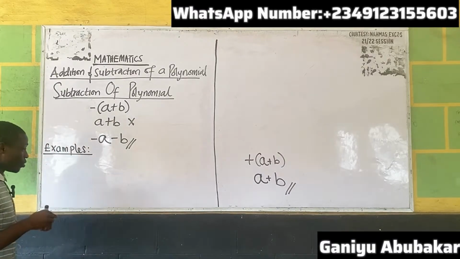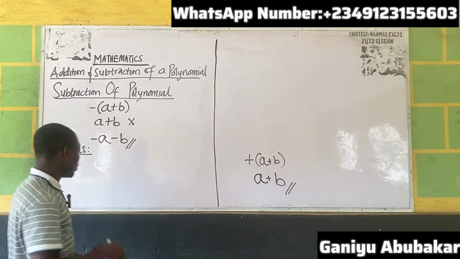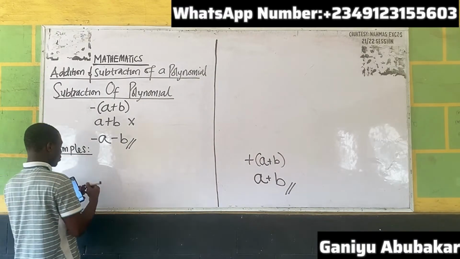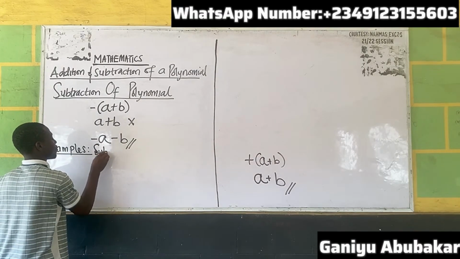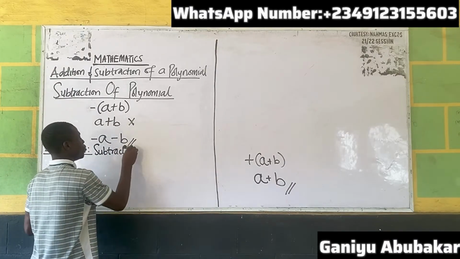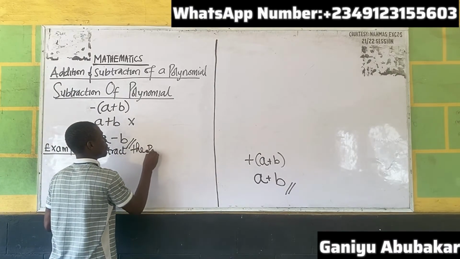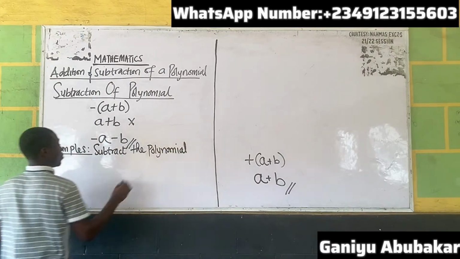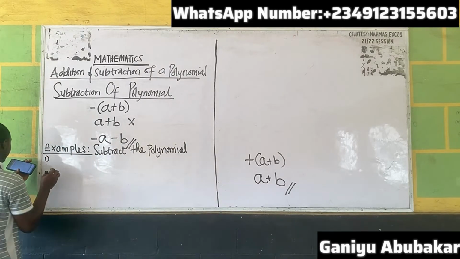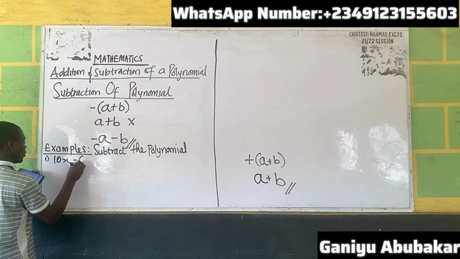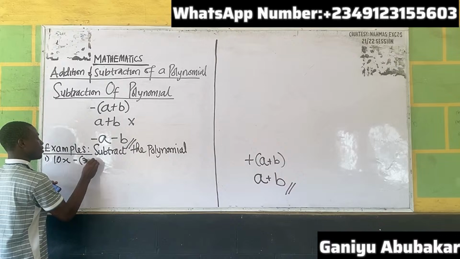Alright, let me write out the questions and then from there we'll solve together. It says subtract the following polynomials. Number one: 10x minus (3x minus 5).